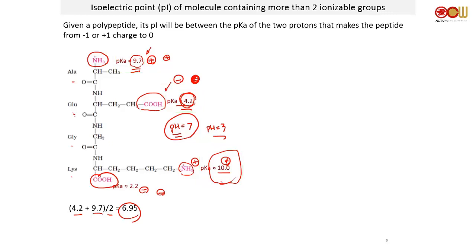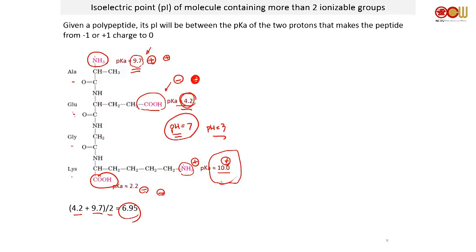So the pKa's that are further away from the condition that makes the molecule neutral, charge equal to 0, don't really feel it. That's sort of the message I'm trying to get across. So when you want to calculate the pI, you will probably look for a pH that makes your molecule have 0 charge.